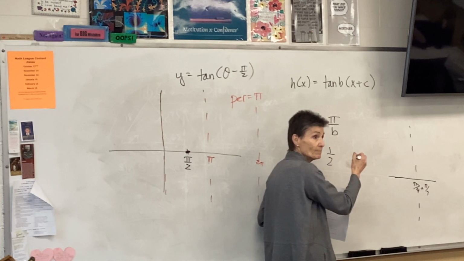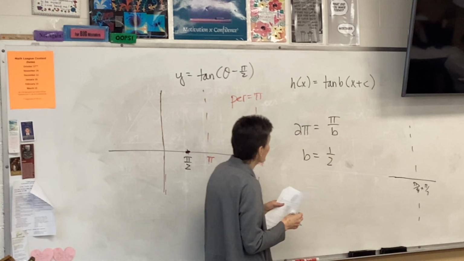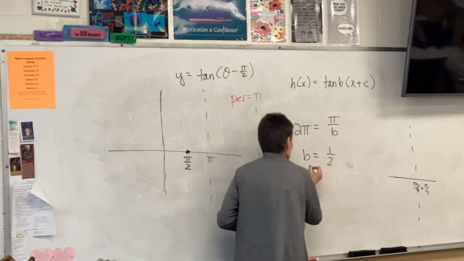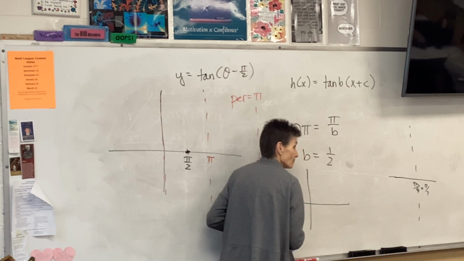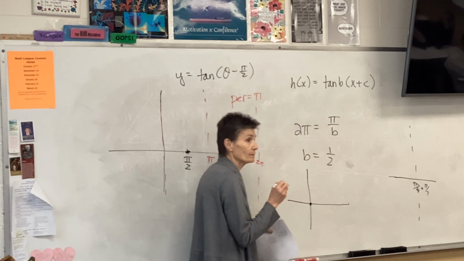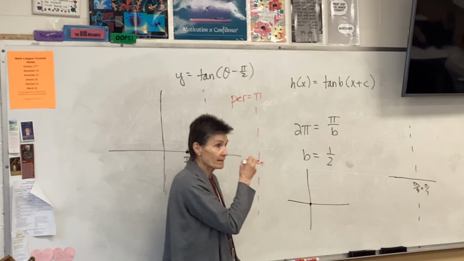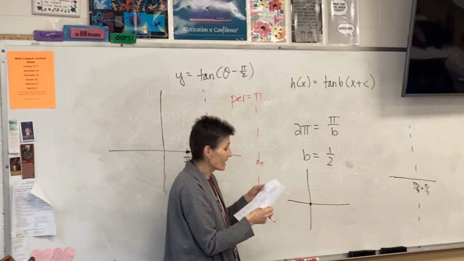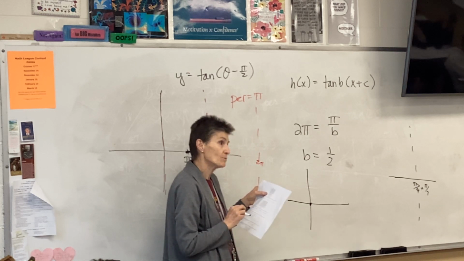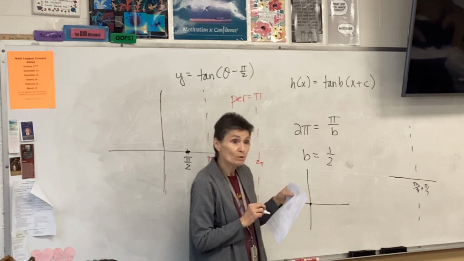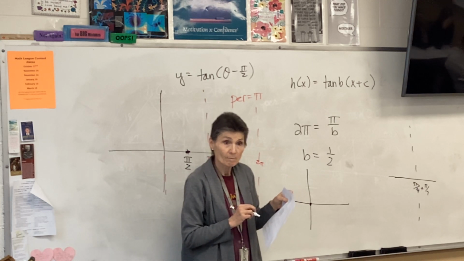Everybody good on that? All right, and then I need C. In a tangent curve, 0 is that dot right there, that x-intercept. Where is that x-intercept in the problem that he drew? At pi? So you have moved your picture pi.